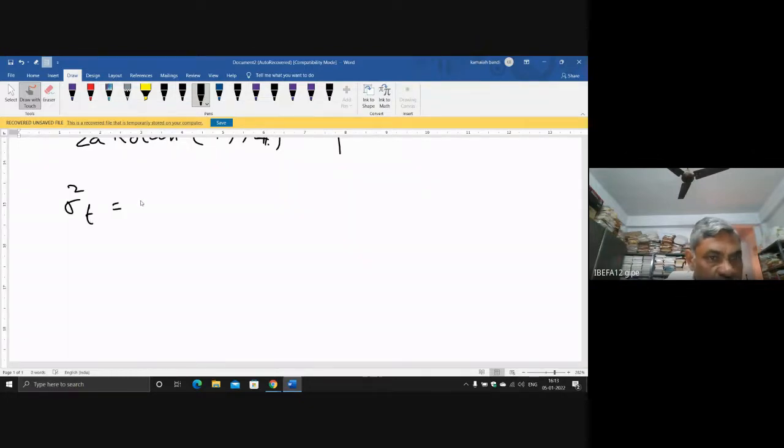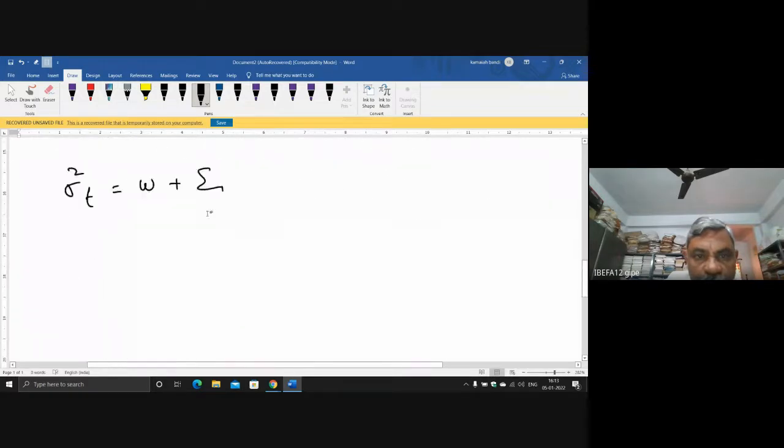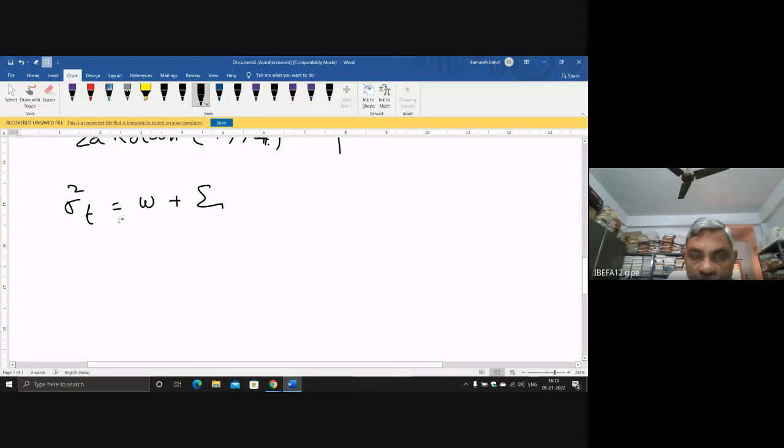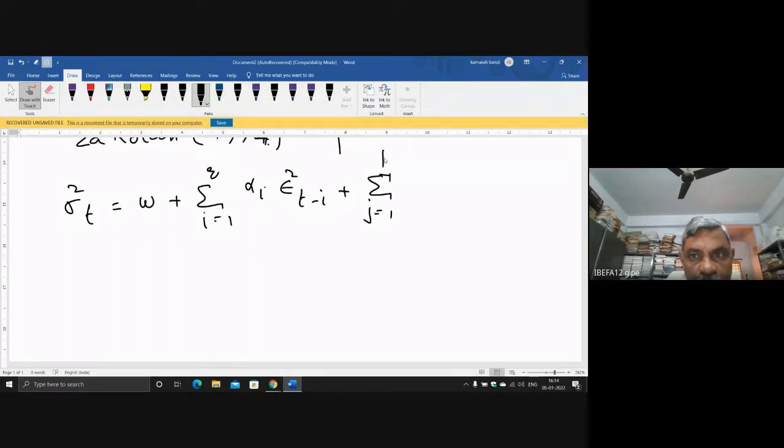Sigma square t equals omega plus summation i equals 1 to q alpha i sigma square t minus i plus summation j equal to 1 to p beta j sigma square t minus j plus an additional term gamma sigma square t minus 1 d t minus 1, and d is an index here.